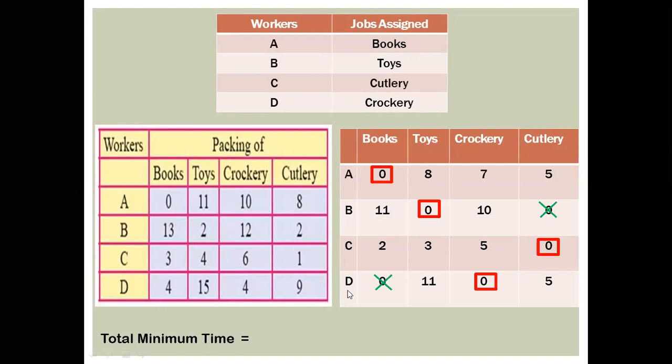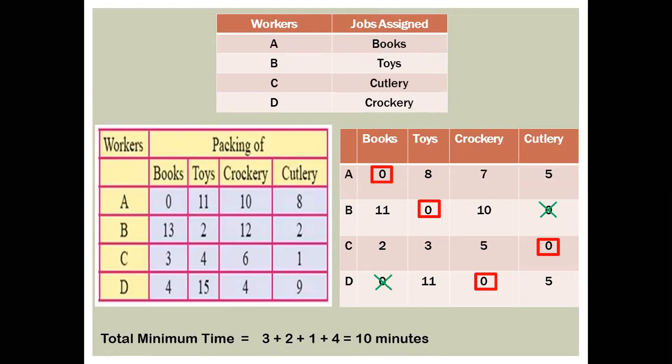And as far as D is concerned, fourth row, third column, the time given is 4. So we'll be adding up all the 4 timings of all these workers, which is 3 plus 2 plus 1 plus 4, which is equal to 10 minutes. So if we assign the job in this particular order, our work will be done in 10 minutes.